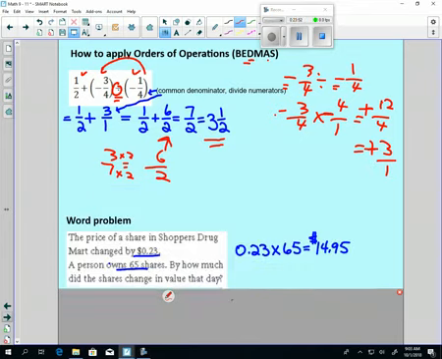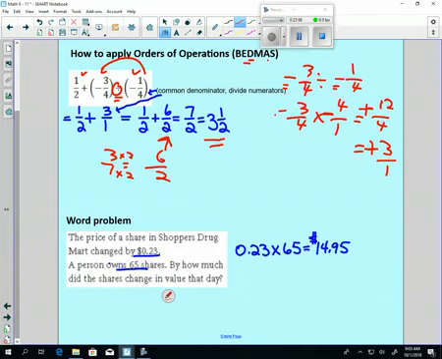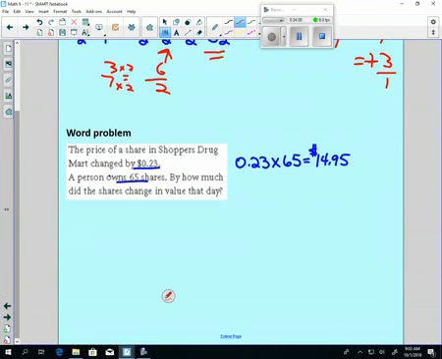Okay. And last thing, a word problem. We had a couple of those in your last assignment. The price of a share in Shoppers Drug Mart changed by 0.23 dollars. It's changed by 23 cents. A person owns 65 shares. By how much did the shares change in value that day? Well, one share is 23 cents.